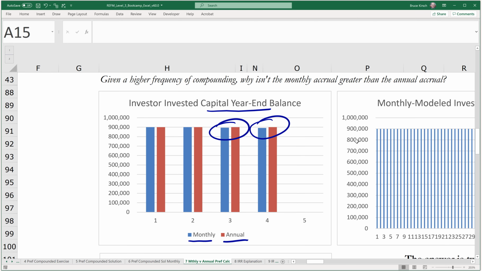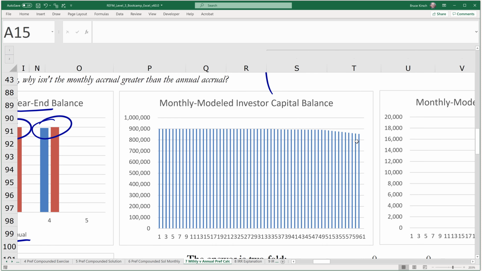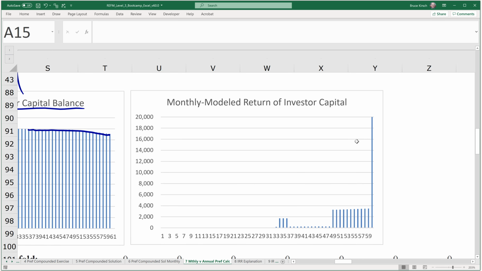And you can see it with a little bit more detail here when you say, okay, this is the monthly modeled investor capital account balance. You see it starts to come down here as early as month 33. And so what's happening there is you are having capital that's being returned as early as month 33, which is in year 3.